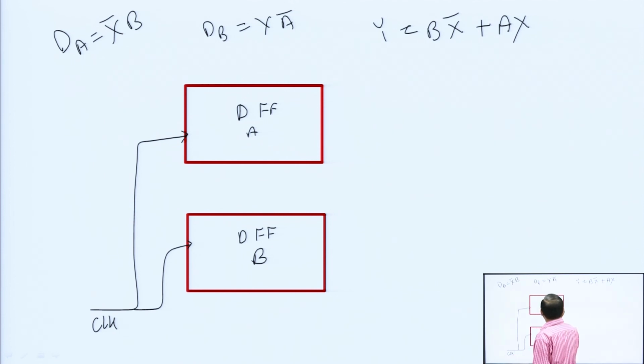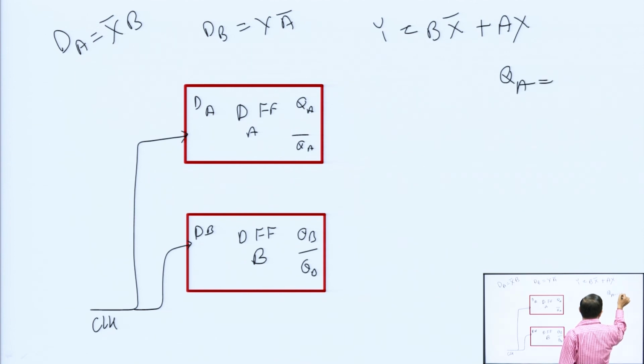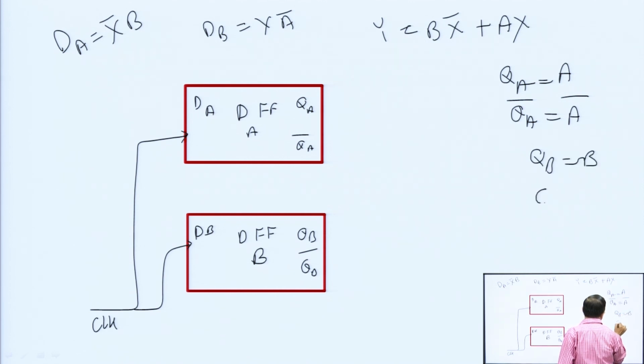Now, for dA we have this is dA, this is dB, this is QA bar, this is QB and QB bar. We have written QA is equal to A, QA bar is equal to A bar, QB is equal to B and QB bar is equal to B bar.